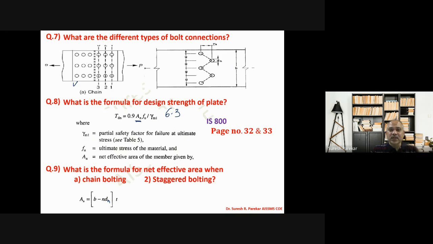Then for staggered bolting, we have to consider this formula, again given in the IS code: (B minus N DH plus sigma Pi squared upon 4 Gi) into T. These terms we do not have in the case of chain bolting, and therefore AN is (B minus N DH) into T.